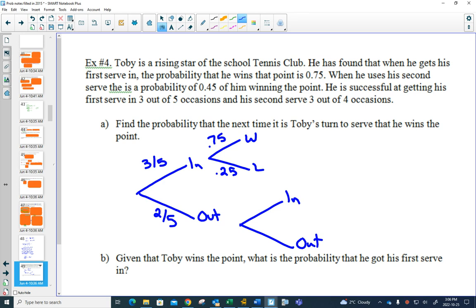His chances of getting the second serve in is 3 out of 4. Second serve out is 1 out of 4. If he serves his second one in, his probability of winning is 45%. His probability of losing is 55%.